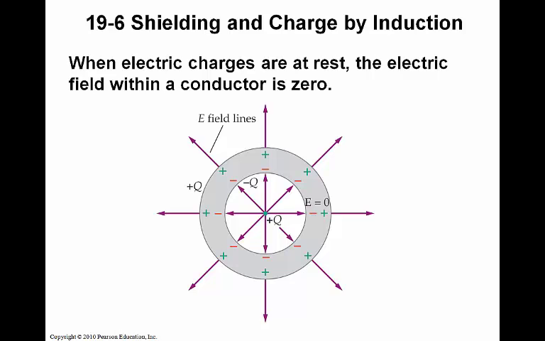At the same time, you have the charge on the conductor. The charge on the conductor is going to orient itself so that the negatives are attracted to the interior positive charge, and the positives are going to be along the outside because they're repulsed by that interior positive charge.